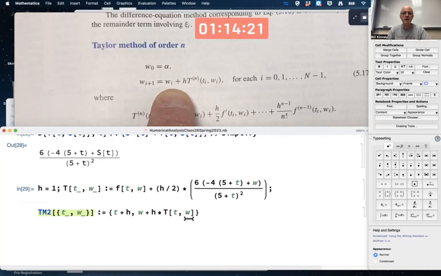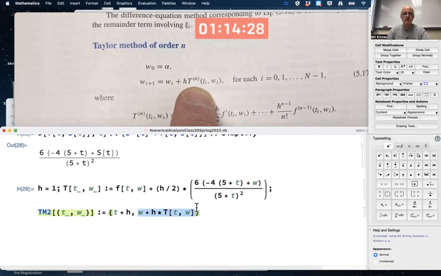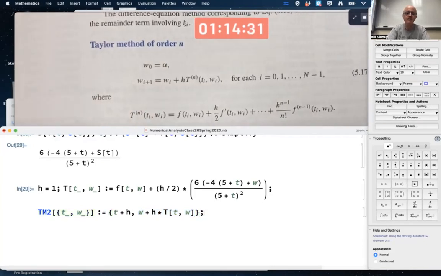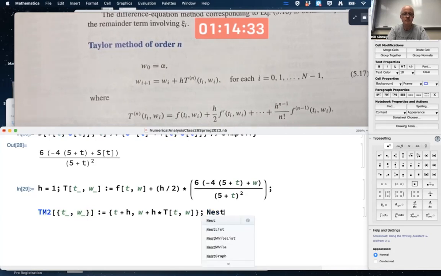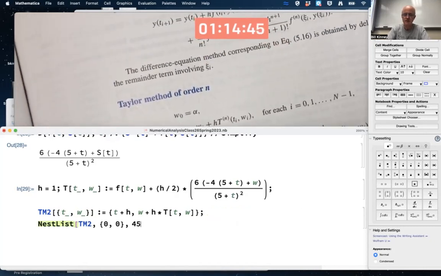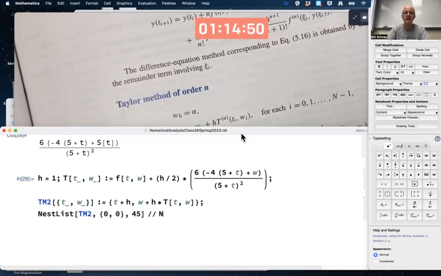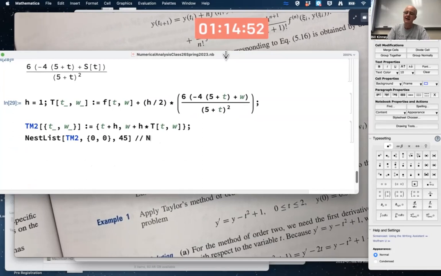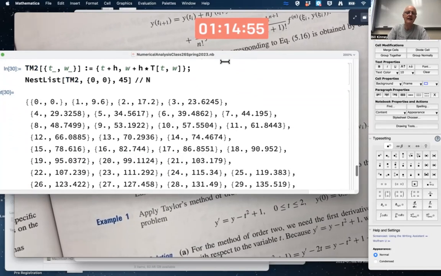The second component here is w plus h times the t I just computed. And this will be the thing we iterate. And I guess I'm using h equals 1. H is 1, I'm going to have to go 45 steps. Just in case, do a slash capital N. Should produce good approximations, hopefully.